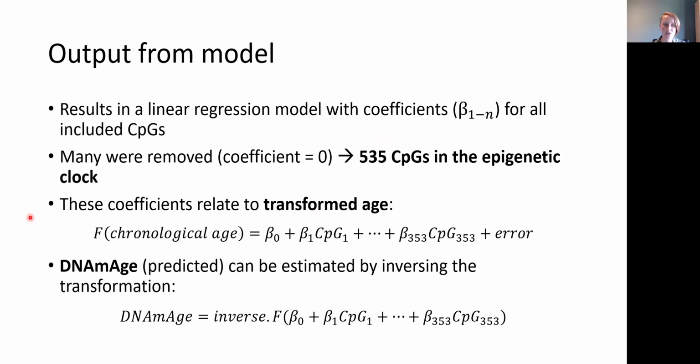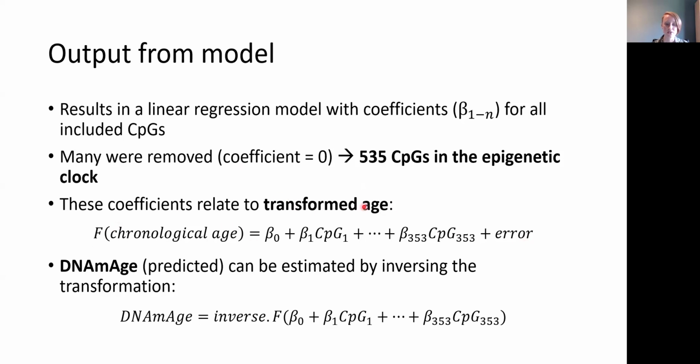But essentially, using their model, you could calculate the sort of chronological age or the actual age of the person by inputting all of the coefficients that they got from their model and timesing it by each of the related CPG methylation values. And then there will be some kind of error associated with that.